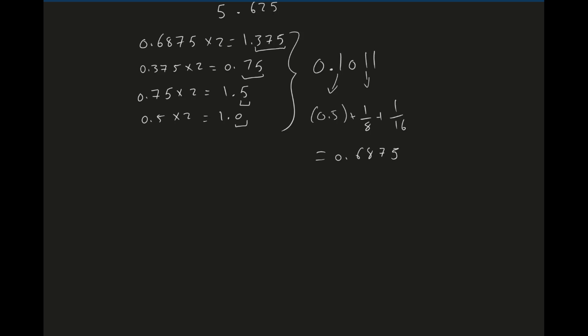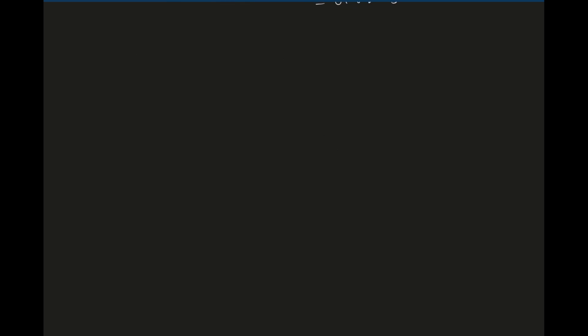Now the question is, what if I have a non-terminating operation? What do I do with that? The answer is you basically need to know after how many times you need to stop. And sometimes that's dictated by how many bits you have to store the fraction part of the number. So let's take an example. Let's say I have 0.1 and I want to convert this from base 10 to base 2.